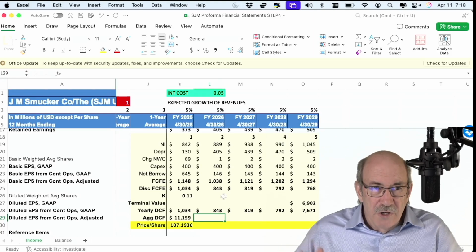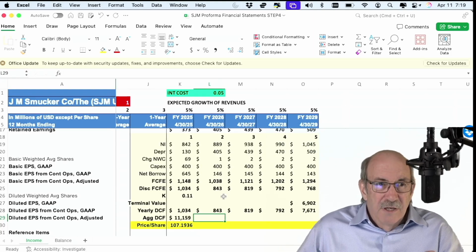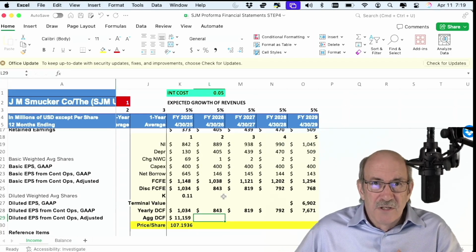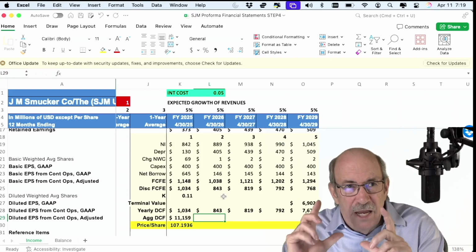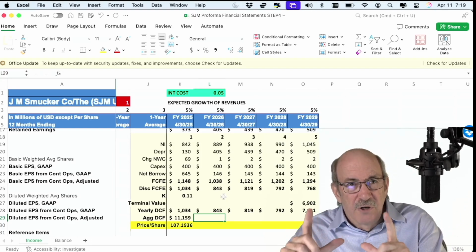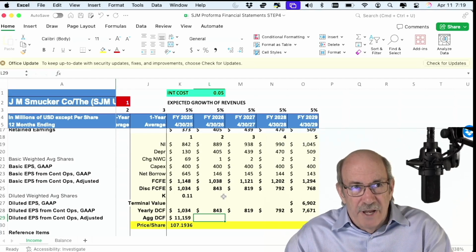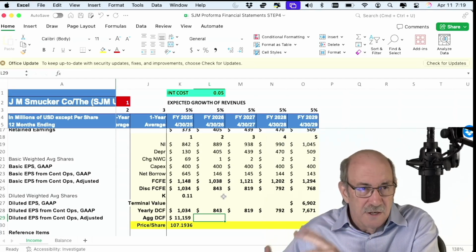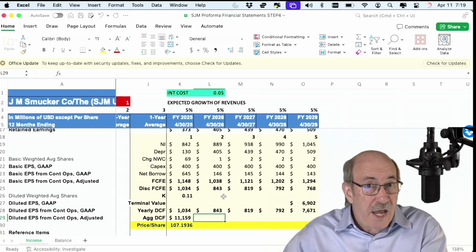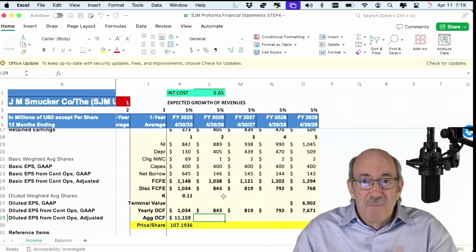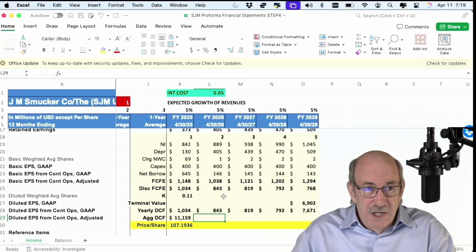Now, where you put this is up to you. You could arrange things quite a bit differently. Maybe you have one page that has all the variables that you can change with all of your free cash flows and your final values, and you reference the income and the balance sheet on a different tab. That might even be a cleaner way than what I've done here.